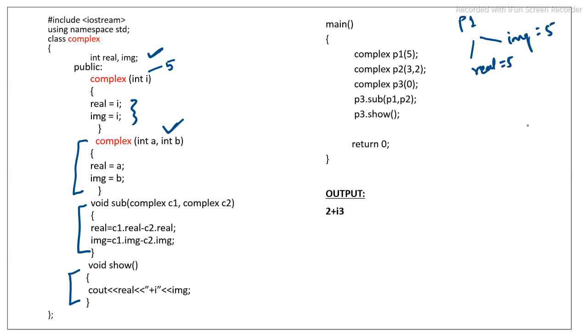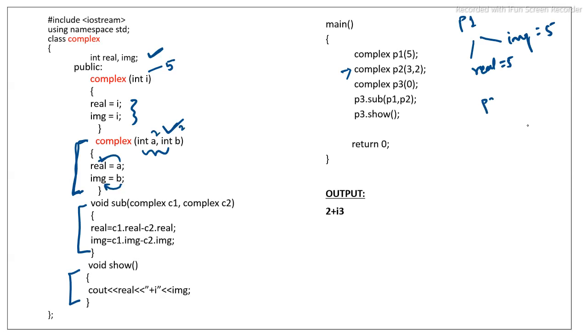For the second type of constructor, P2 is created, initialized with two parameters, 3 and 2. So when the compiler reads this statement, these two parameters will be passed to the second type of complex constructor, because it is accepting two arguments. So the values 3 and 2 are assigned to a and b, and the a and b values will be assigned to the real value and imaginary value.